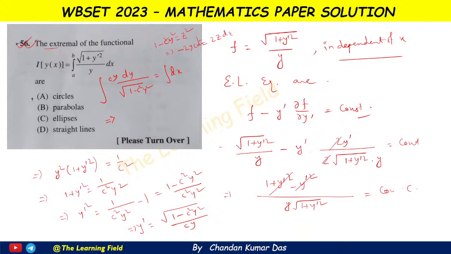So this implies minus y dy is equal to z dz by c square.